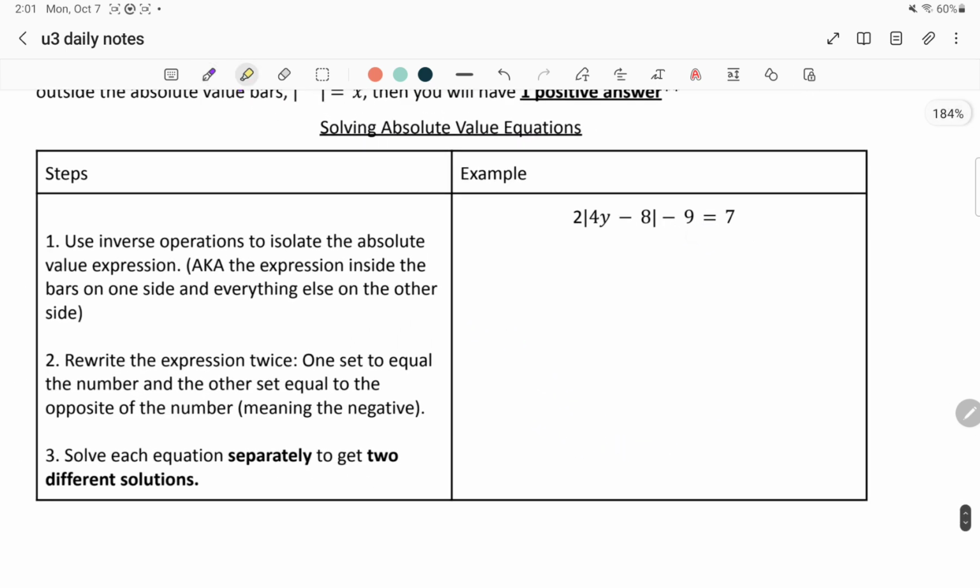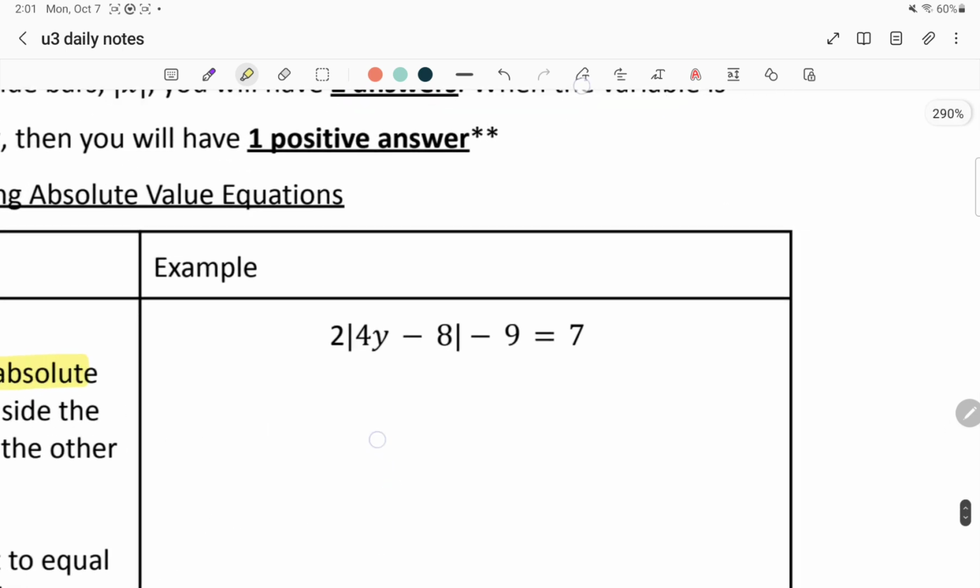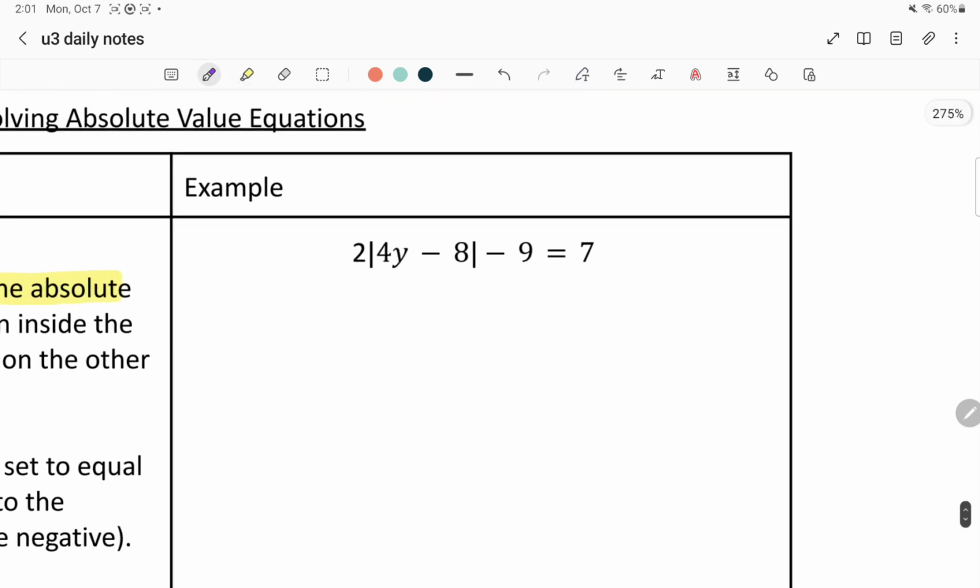Step 1 is I need to isolate the absolute value expression. So the absolute value expression is the bars, bar to bar. I need to get everything around it gone, which would be my 2 and my 9. We always get rid of the constant term first.